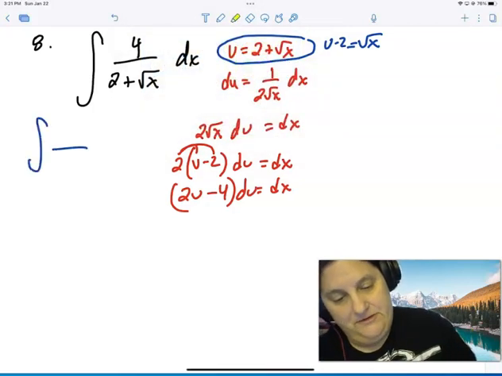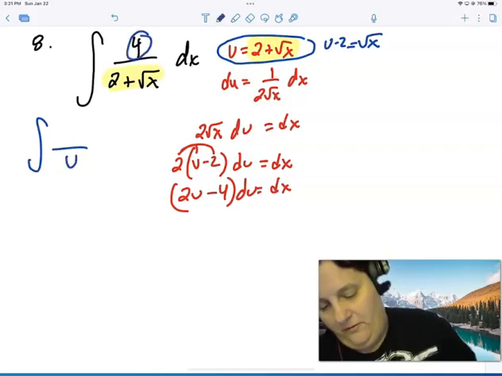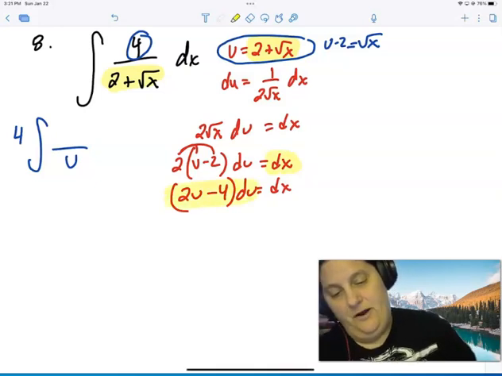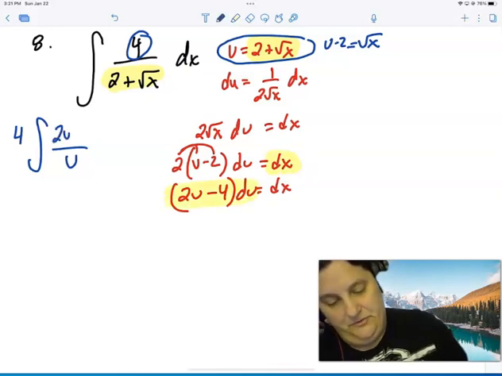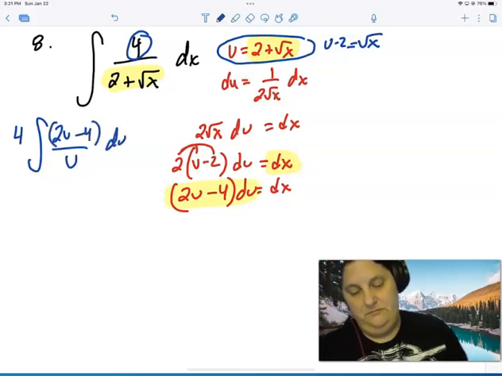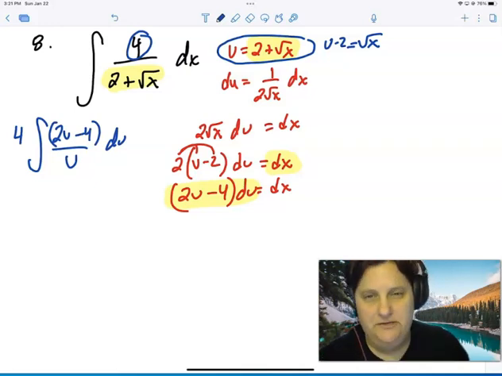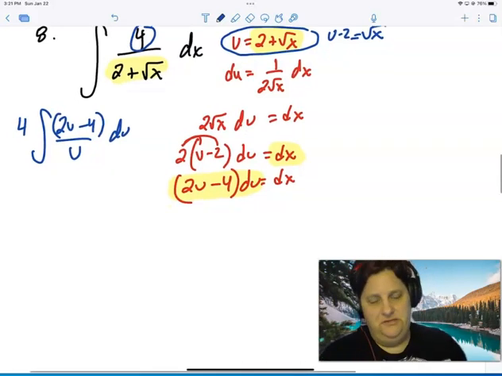Okay, so here's what I'm replacing. 2 plus root x, that's u. This 4 right here, I'm going to bring it out. All right, and then dx, I'm going to replace with this. So dx is 2u minus 4 du. Hey, cool. I think that worked. Am I surprised? A little bit, but let's see.